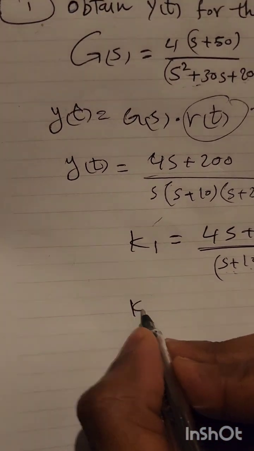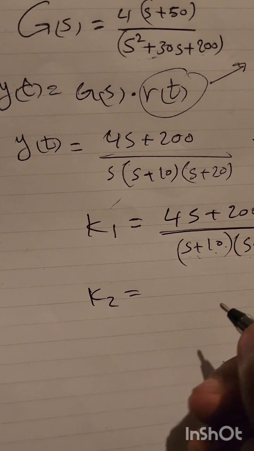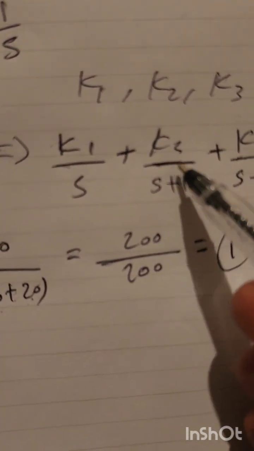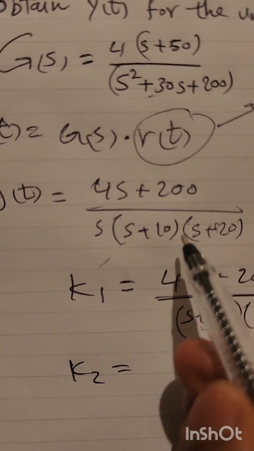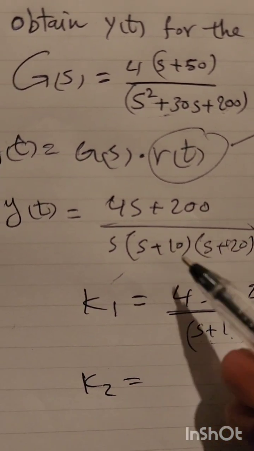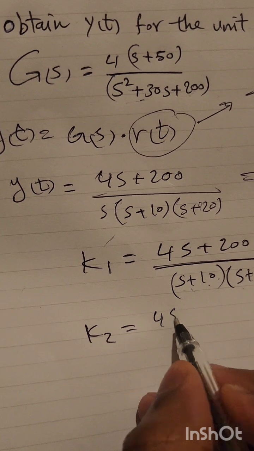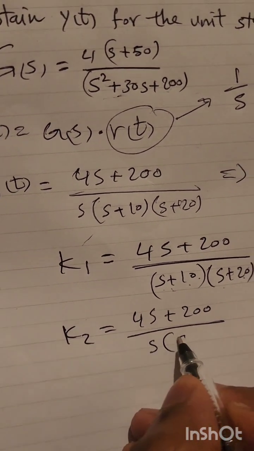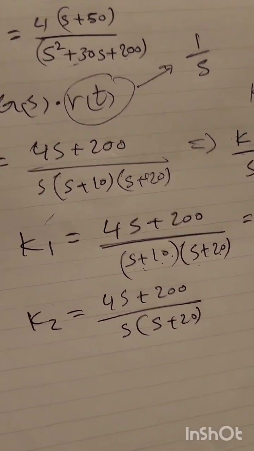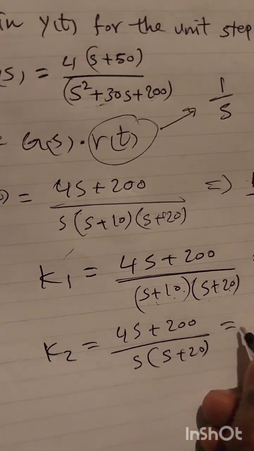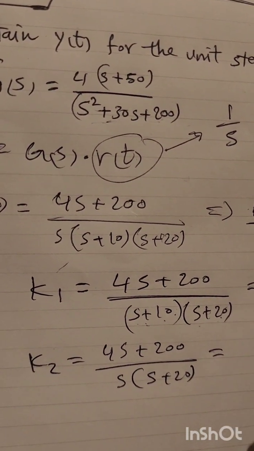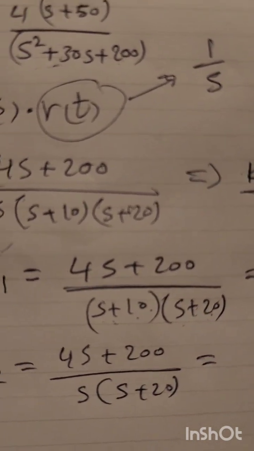Now let's move to k2. We take the first equation, but we remove the denominator of k2, which was s plus 10, and we have (4s plus 200) over s and (s plus 20). To get k2, we are going to consider s is negative 10.